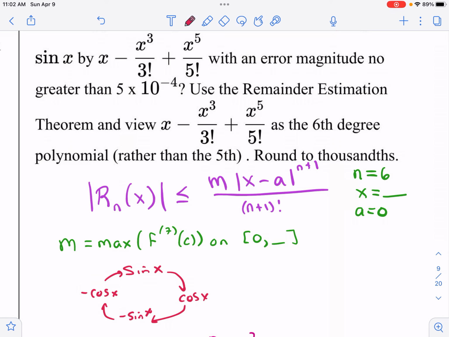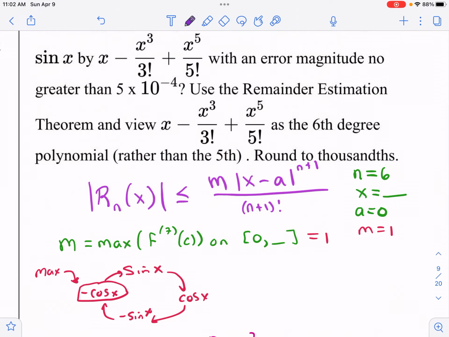The fifth is cosine. The 6th is negative sine. The 7th is negative cosine. So give me a maximum value for negative cosine. Well, these sine and cosine graphs don't go above 1. So you can use 1. Let's just use 1.